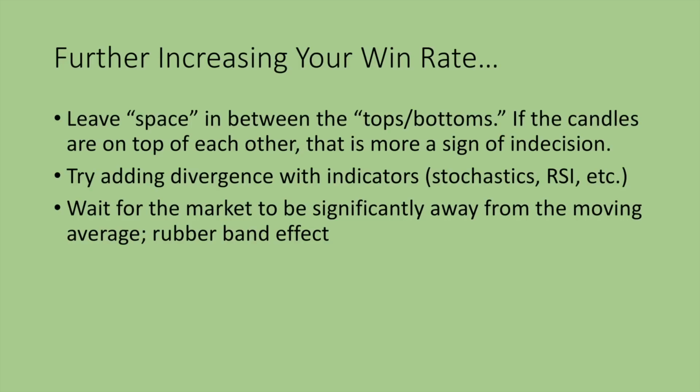If the market moves significantly away from the average, that means a sudden, very volatile move has happened, and the rubber band effect, as I like to call it, is about to kick in. If the market moves really rapidly away from the average, then you're going to get a very rapid reaction back to the average, if that makes sense.